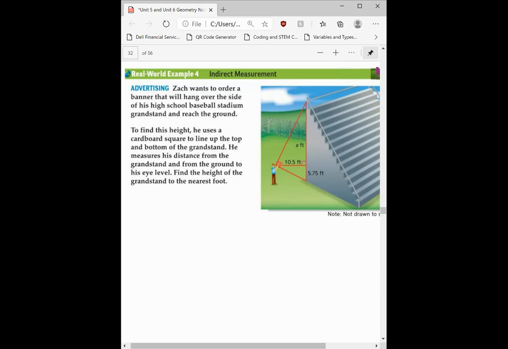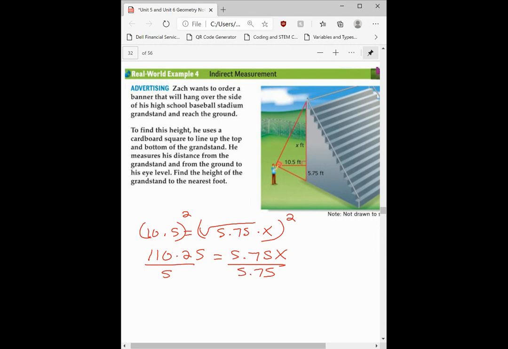So what we need to do is find the geometric mean using the altitude theorem. So we know that 10.5 is equal to the square root of 5.75 times x, because 10.5 is the altitude, which means it's the geometric mean. So by simplifying this, we can square both sides to get rid of that radical. So we have 110.25 is equal to 5.75x, divide by 5.75, and we get x is equal to 19.17.